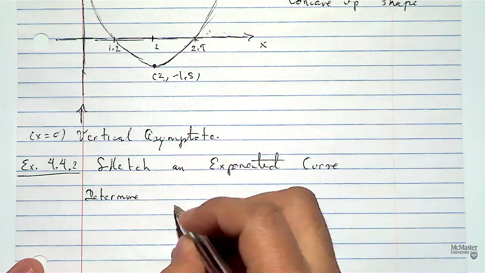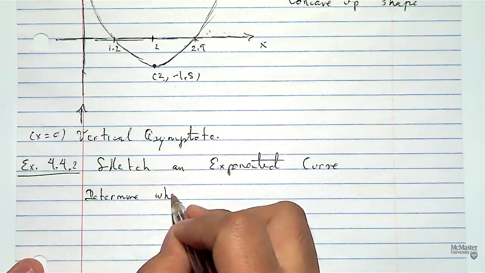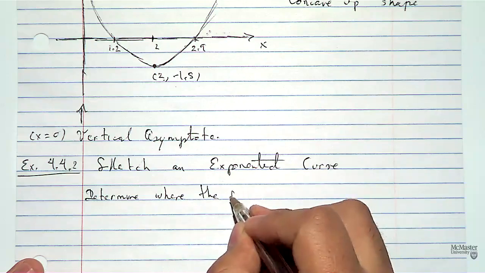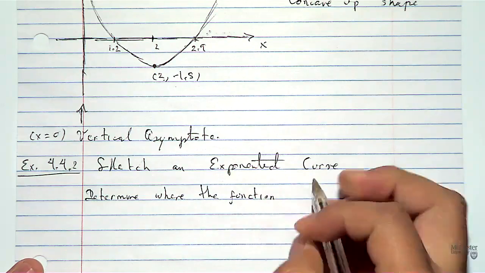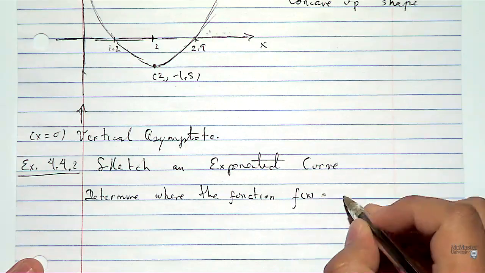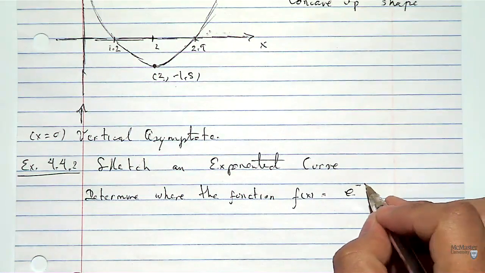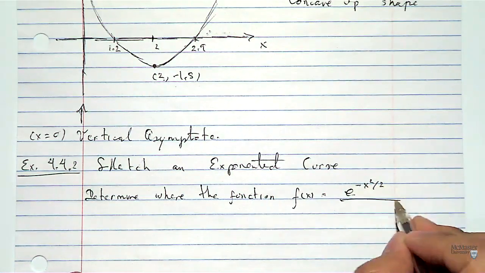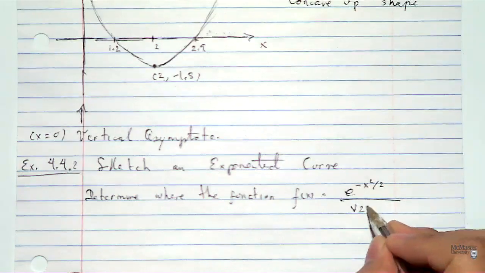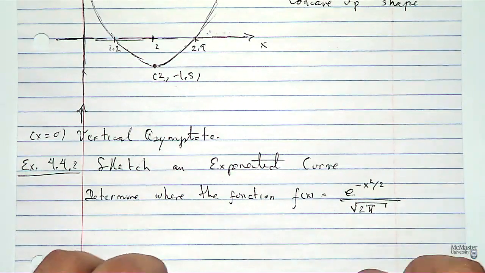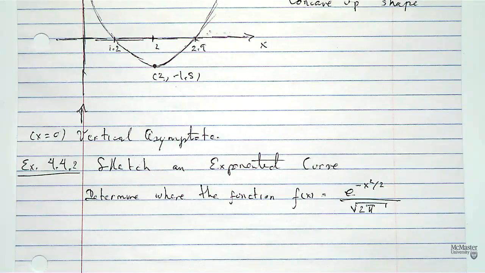Determine where the function f of x equal to e to the minus x squared divided by 2, divided by square root of 2 pi. Who has seen this function before? Does this look like a normal distribution, or does it ring a bell on what a Gaussian is if you have done a fit or not?